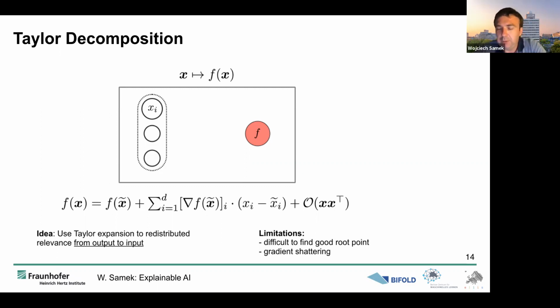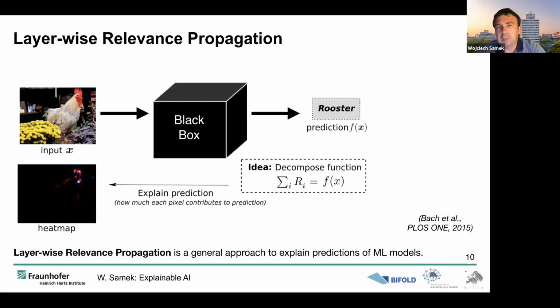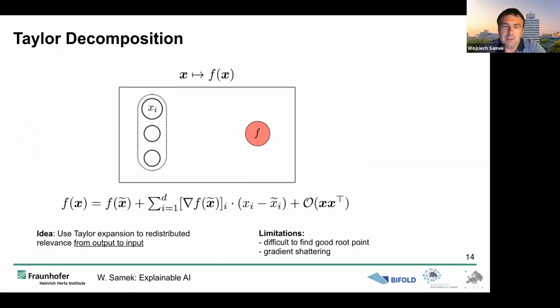But the idea is that you have this decomposition right away by using Taylor expansion. Here you expand your function from input to output. The whole function you approximate. This is a valid approach.